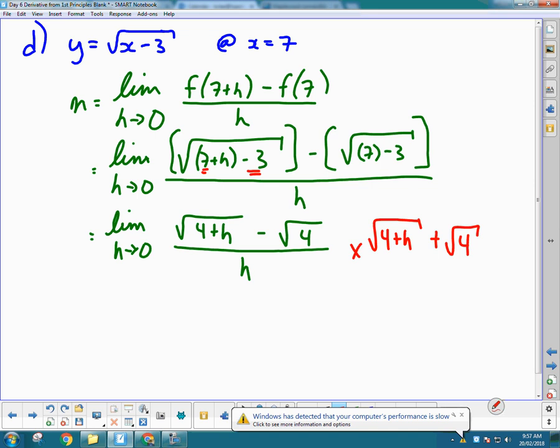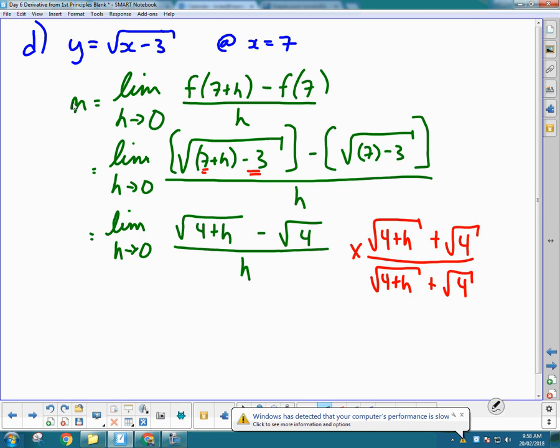Now, I'm not allowed to just multiply a fraction by some number. That's not allowed. But I can multiply the same thing on the top and the same thing on the bottom, and that is allowed. By multiplying by the same thing on the top and the same thing on the bottom, it actually means I'm multiplying by 1.